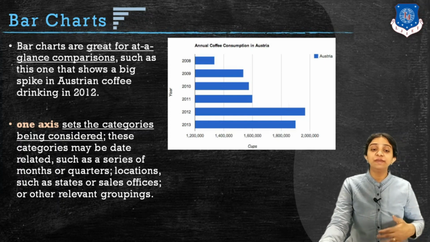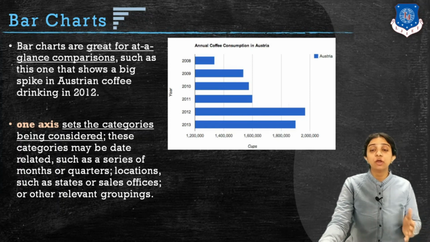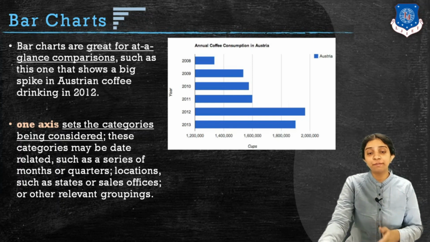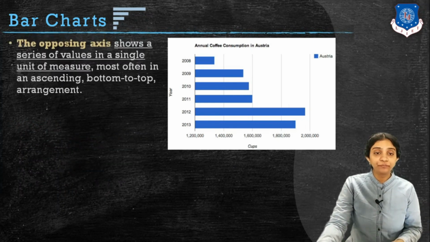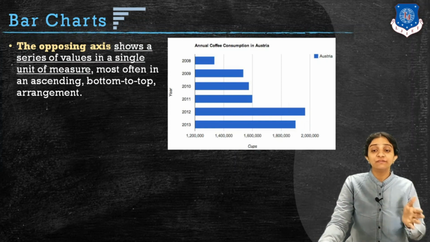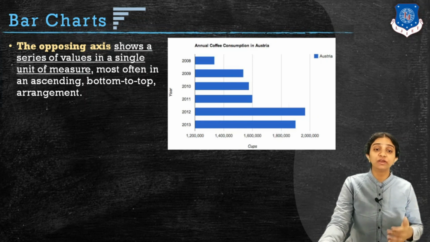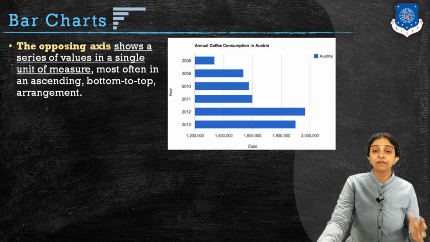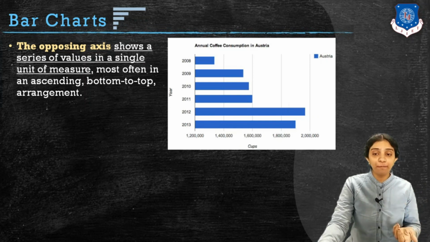These categories may be dates or a series of months, or quarters, or locations or places like sales office and marketing department and so on, which show some relevant group. While the other axis, which is the x-axis in our case, shows a series of values of a single unit of measurement, say for example, number of cups or number of employees.